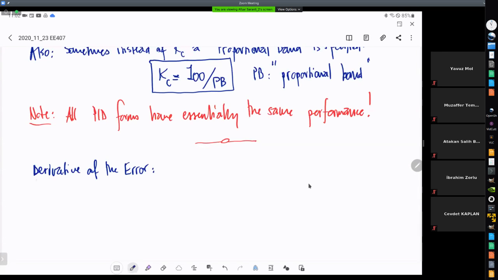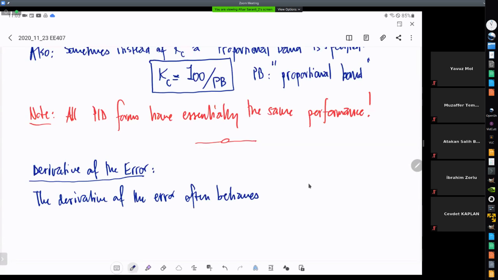Now, the note is that the derivative of the error often behaves, let's say, numerically problematically.